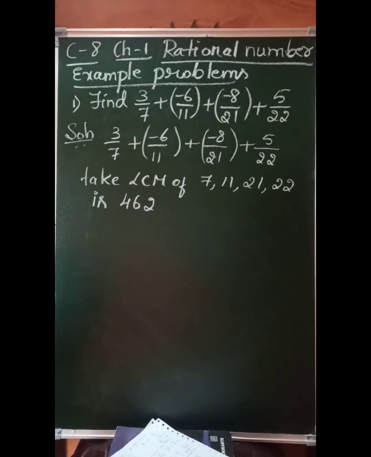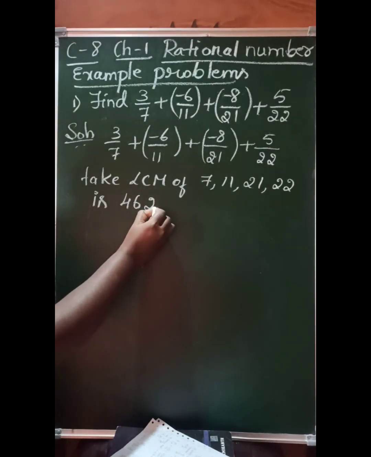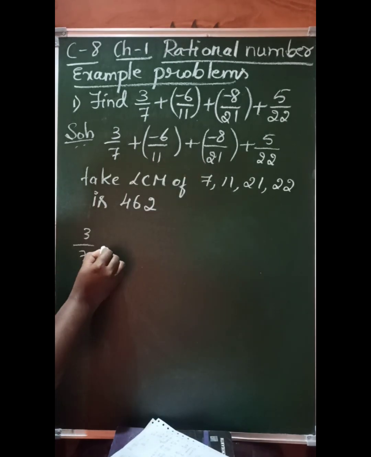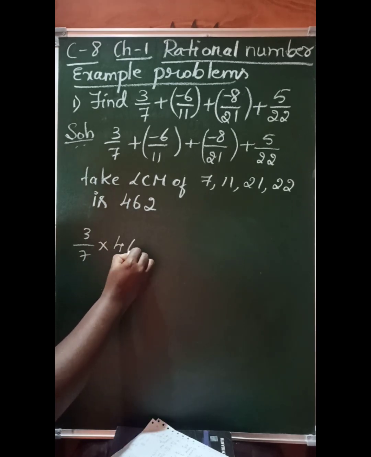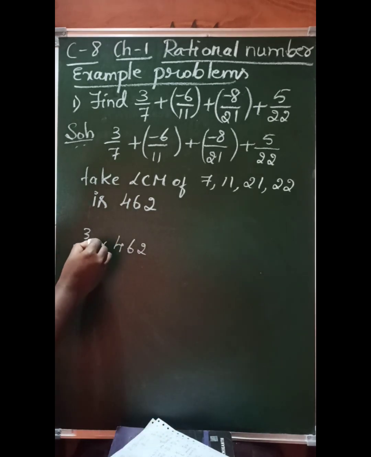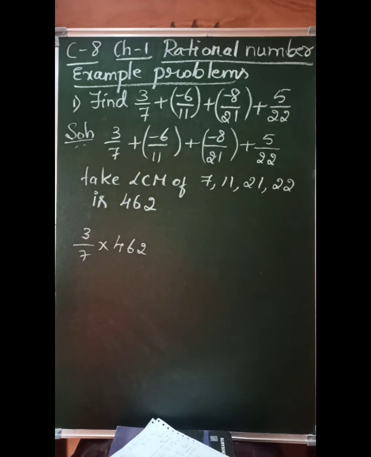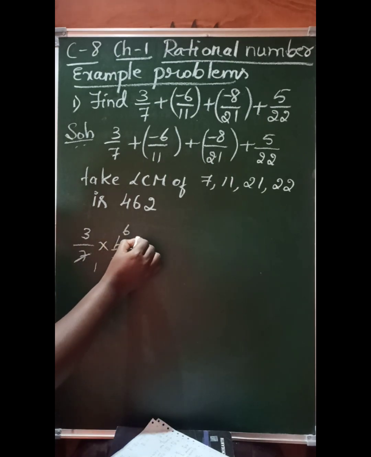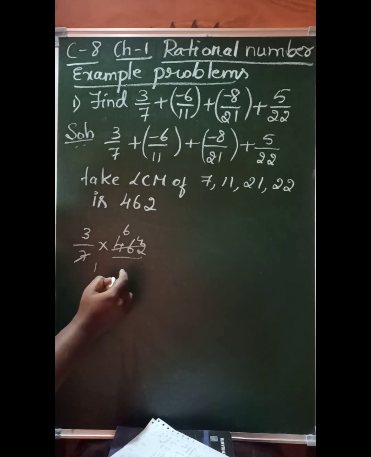Now write using the LCM we found. Consider the first number and multiply it by 462, the LCM. How do we know which number to multiply 3 by? Cancel 462 by 7. 7 sixes are 42, 46 minus 42 is 4, again 7 sixes are 42, so we get 66.